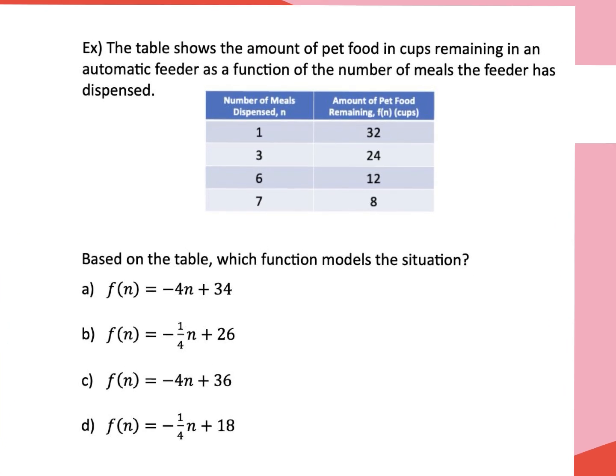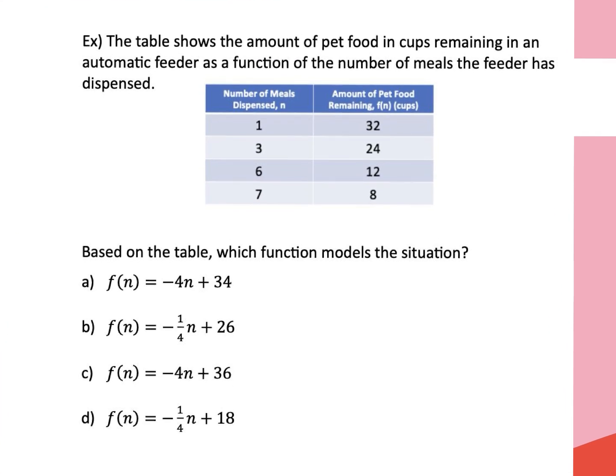Here we have a table. You can use lists and spreadsheets here if you would like. Remember that when we make a table, X is on the left and Y is on the right. The y-intercept is not listed here, but we can find the slope. The slope is the change in y over the change in x.